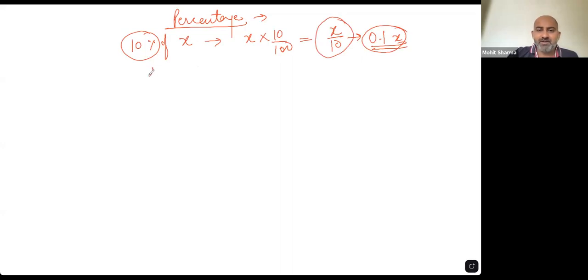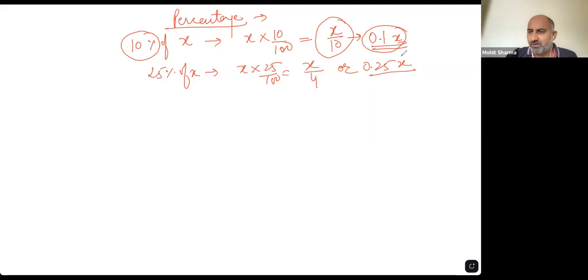For example, if I say 25% of X, that would be X into 25 by 100. So I can say that this is X by 4, or I can say it as 0.25 of X. It depends what would help me with the calculations.